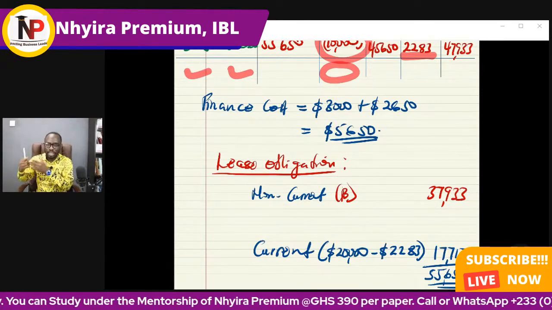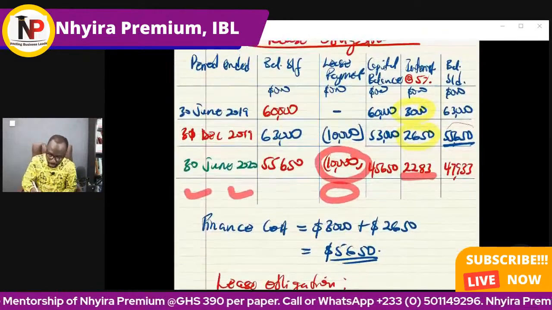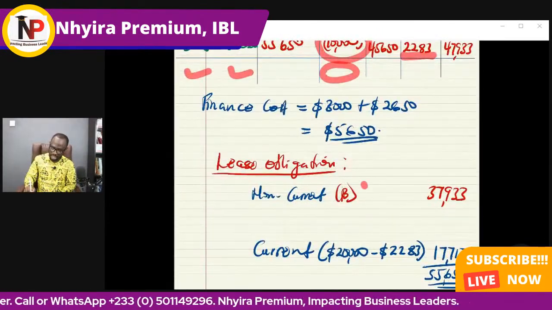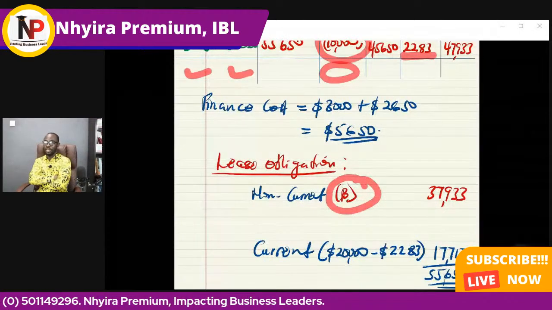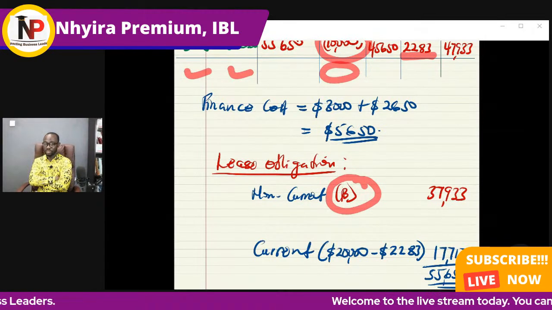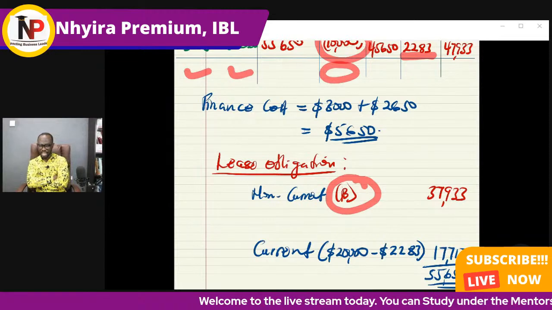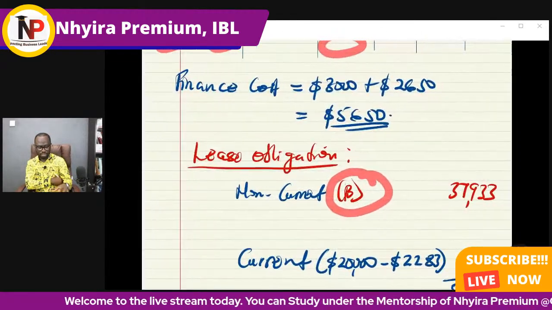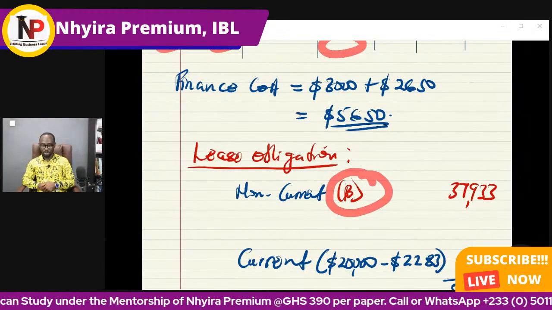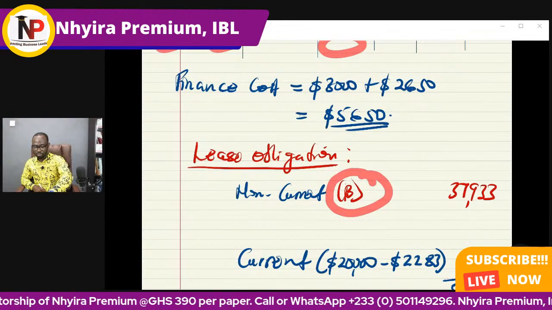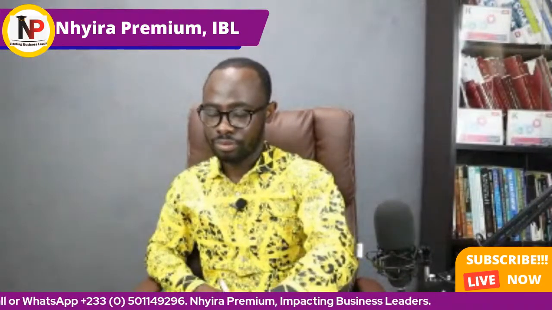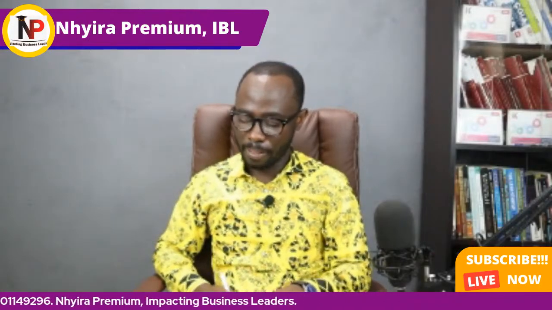Then the current liability subtracted from the amount at 31st December, which is the balancing figure, gives us the non-current liability. So that is the idea there about the split. Muntadi, let me know if that makes sense for you.